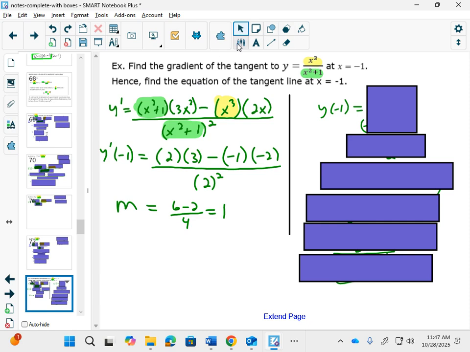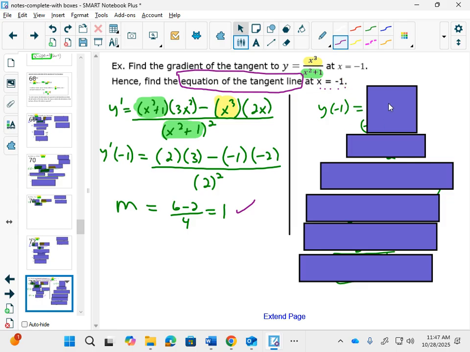Next, we need to find the equation of the tangent line. What are the 2 things you need for an equation? You need the slope. Check. You also need a point. We don't have a point on our graph yet, but we can find one. We know that the x has to be negative 1.